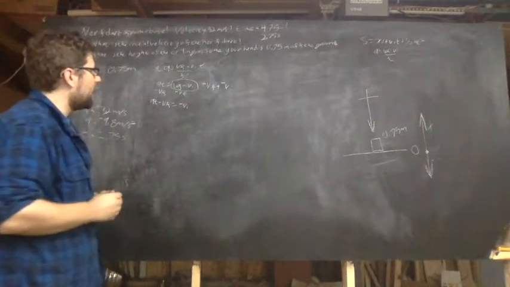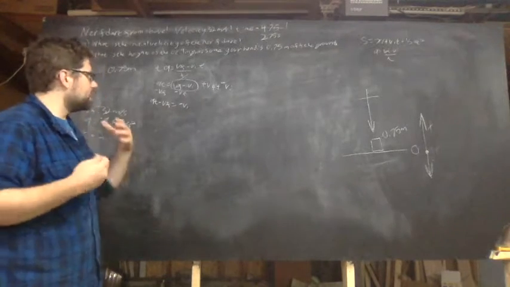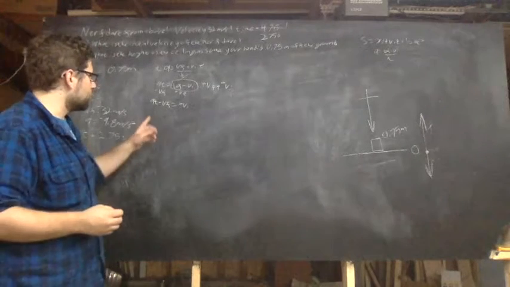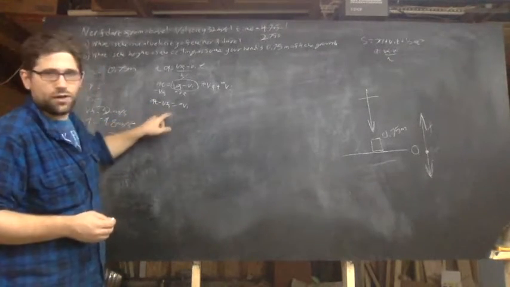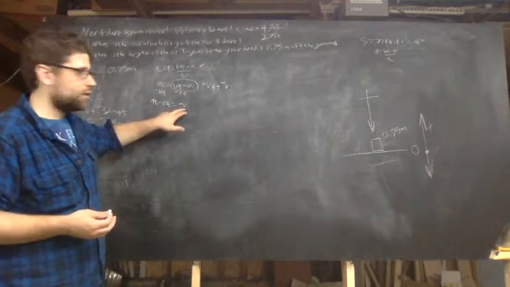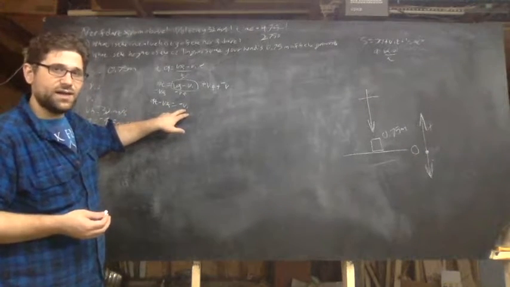How do I get this to be positive? Well, it's a little algebra trick. I multiply each term in the equation by a negative 1. Now remember, a term is anything separated by a minus sign, an equal sign, or a plus sign. So I have a 3-term equation here. at is a term, vf is a term, and vi is a term.